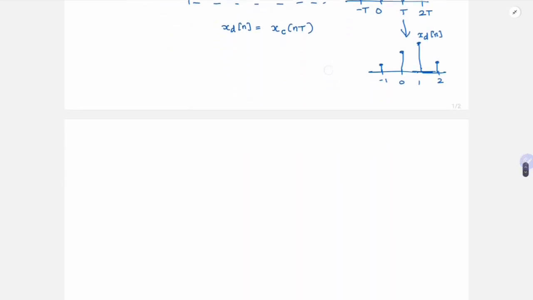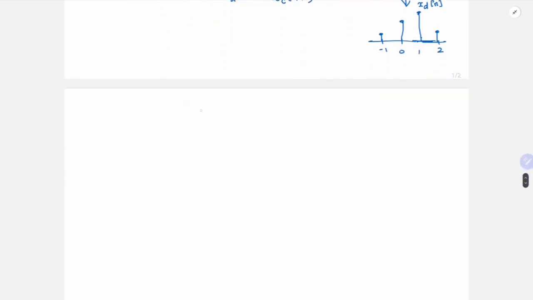So now let us try to get a mathematical relation between them. So we know that our xp of t is nothing but the summation n equal to minus infinity to infinity xc of nT delta of t minus nT.